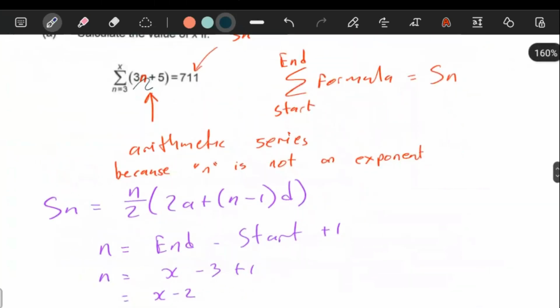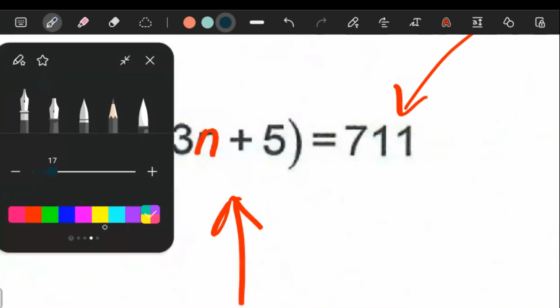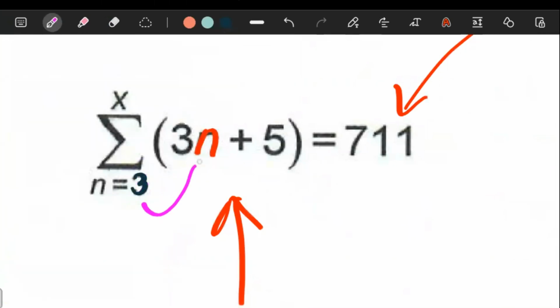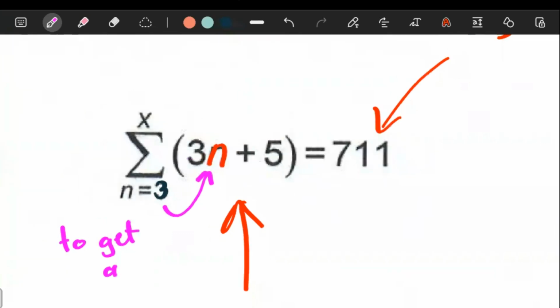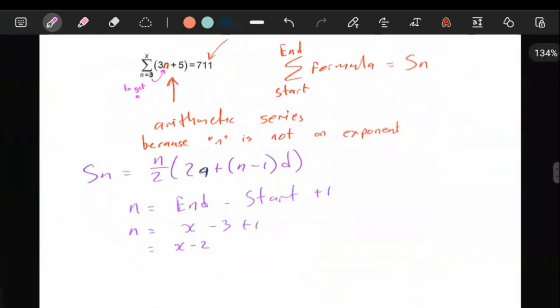Your value of a is important. It's what you get when you throw this value into your formula. You see, this does not have to be a 1. So even if it's a 3 right now, that's what you put in your equation for you to get a. Don't take that for granted.